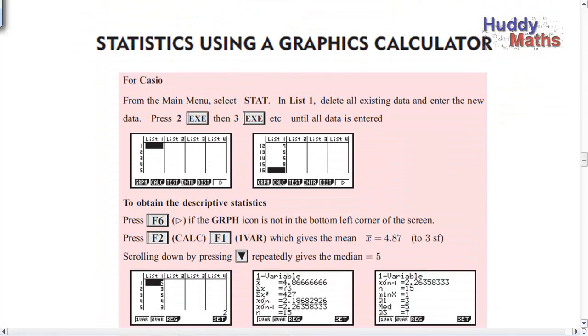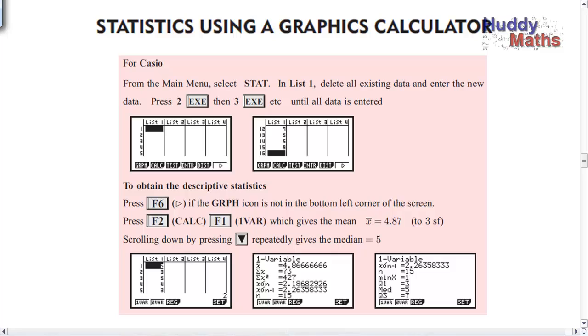Now with this work, because we're often using lots of big numbers, we use a graphics calculator. So I'm going to go through the Casio, and you go to stat mode, and you can clear list 1 and list 2, or you can just overwrite the data. Then we will enter data in list 1.